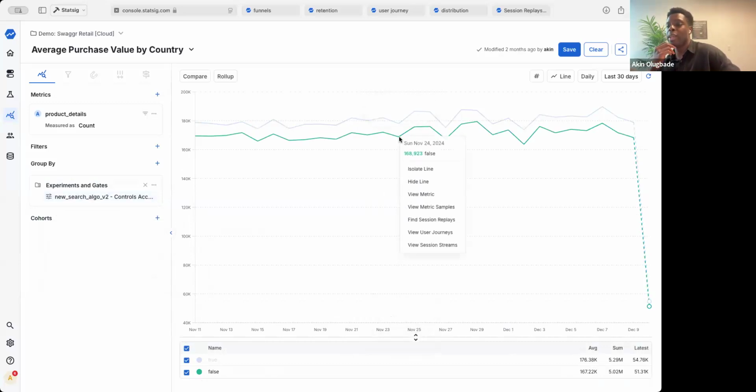So people who did product details and are past the gate for the new search algorithm would be what you see if you click find session replays here. You can also use the journeys and then look at metric samples as well.